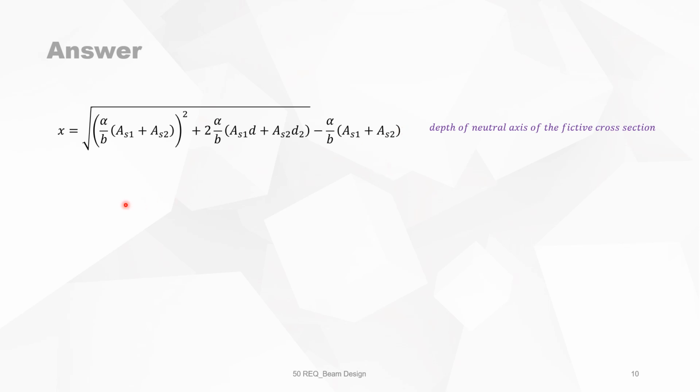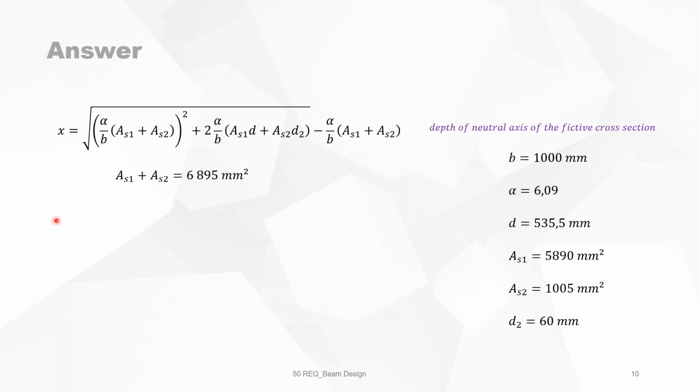It's in fact simple. You can take the cross section that we have and make it into a fictive cross section, which means that you have the concrete section B times h, plus alpha times the cross section of the steel. And in this section, you can take the depth of the neutral axis and you have this equation. So B was 1000 millimeter, alpha was 6.09, and these are the other values.